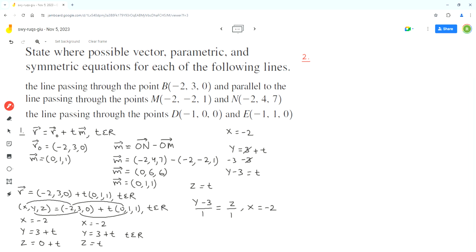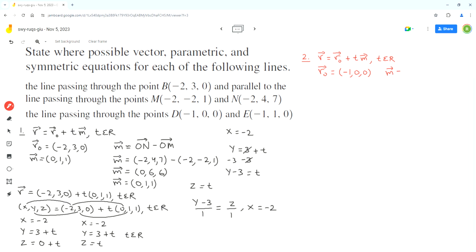For the second line, we are given that the line passing through point D and E. So let's start with the vector equation. For the position vector r0, we can use either of the 2 points. I will use point D. Now we can find the direction vector of the line.